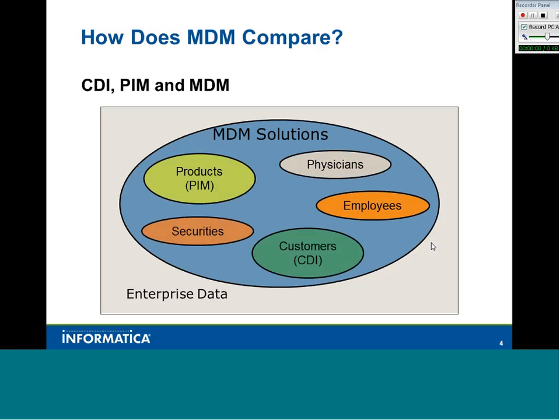So basically what MDM does is it empowers companies to improve operations with business user access to a single trusted view of business critical data about customers, products, partners, employees. Just looking at this particular slide, MDM encapsulates a view of all the different entities within an organization. It gives us a 360 degree view of the relationships among all of these entities, and in a way it helps customer interaction across the enterprise.